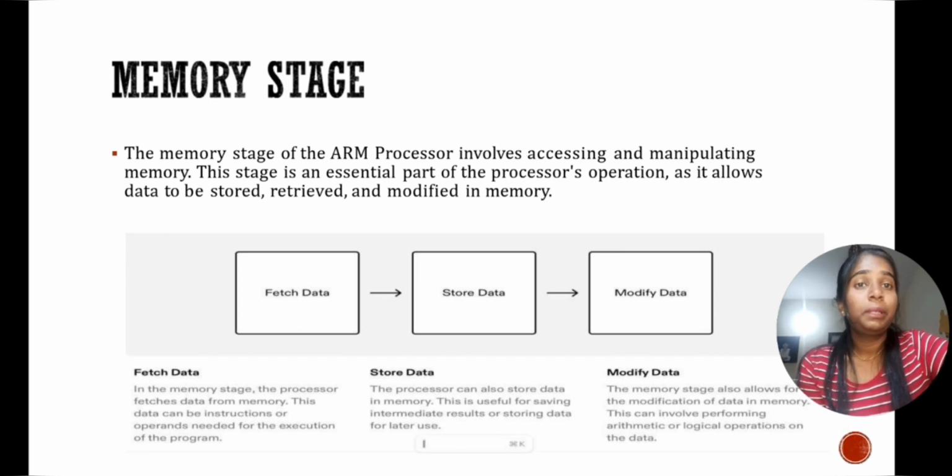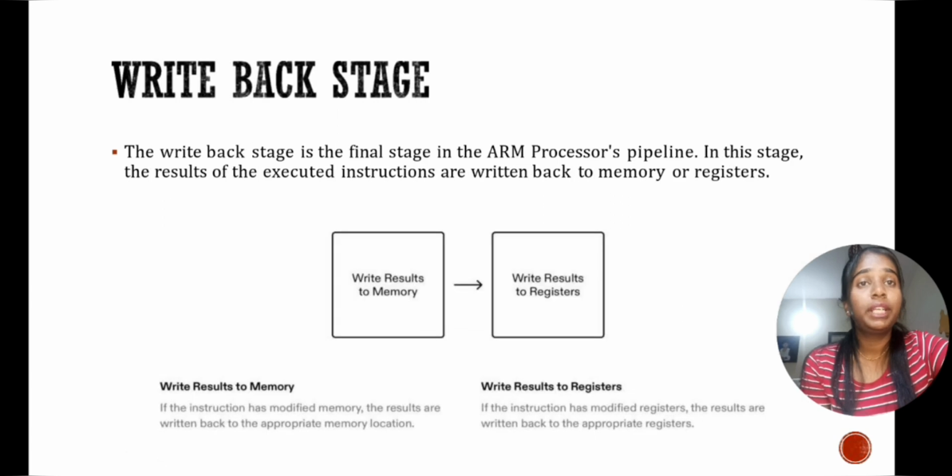The data can be an instruction or an operand needed for the execution of the program. Store data: the processor can also store data in the memory. This is useful for saving intermediate results and storing data for later use. Modify data: it allows the modification of data in memory. This can involve performing arithmetic and logical operations on the data.